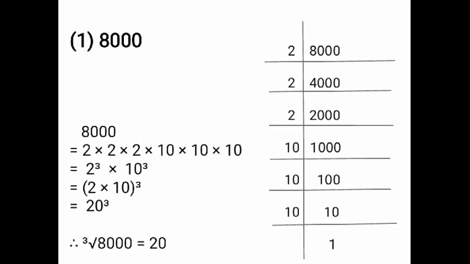When you are finding the cube root, you have to write the 3 here and then the root symbol. If 20 cube is there, when you remove this index 3, it becomes cube root. Cube root of 8000 is 20.